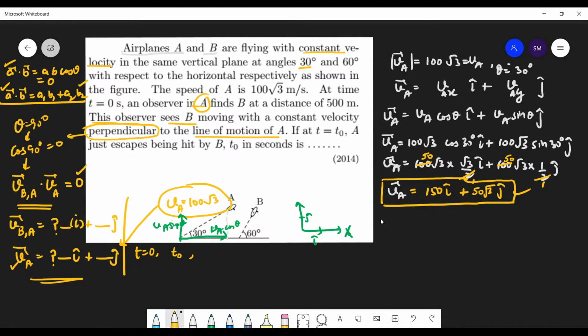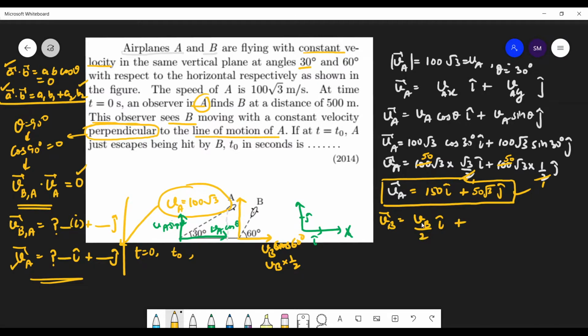Now what is VB? Similarly, we'll write it for VB also. This component is VB cos 60 degrees, the adjacent component. Cos 60 is 1 by 2, so I'm directly writing the x component: VB by 2 I cap plus, what's the j component?